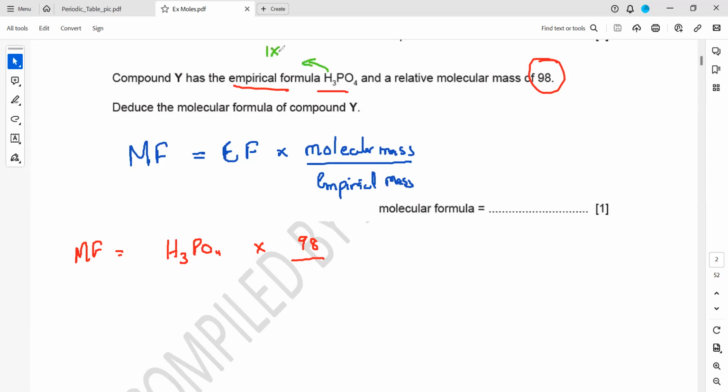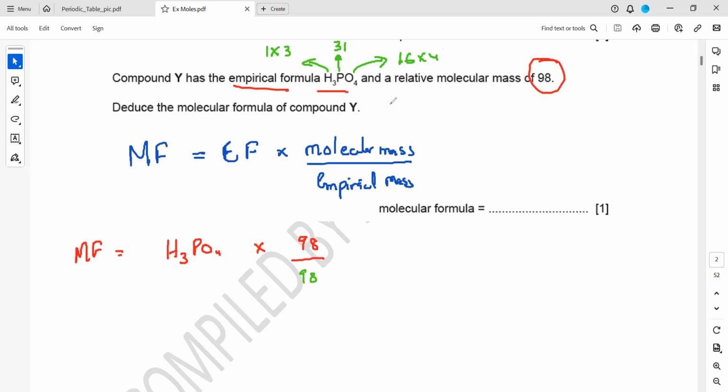Hydrogen is 1 and there are 3, so 1 multiplied by 3. Phosphorus, you use a periodic table, is 31. And oxygen is 16 multiplied by 4, which is 64. So 64 plus 31 is 95, plus 3 is 98. So the empirical mass is also equal to 98.